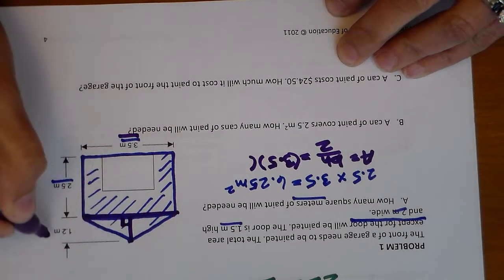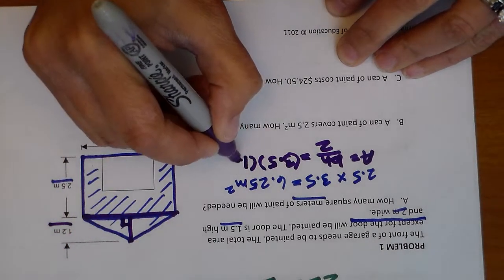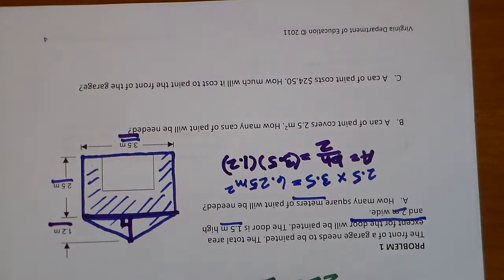My height? 1.2 meters. Okay, so we have 3.5 times 1.2, which I'm going to get my calculator out because I do not want to think.